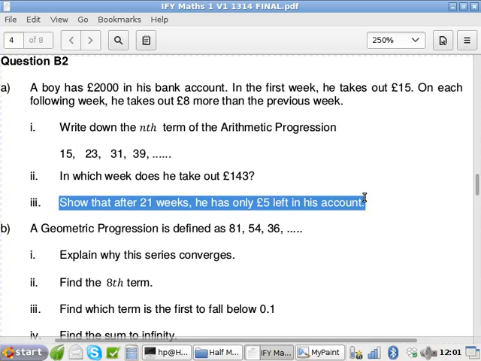Like as you started, S_n equals n over 2, 2a plus (n minus 1)d. You have the memories coming back now? Slowly. You worked so hard to forget, and now they're coming back.